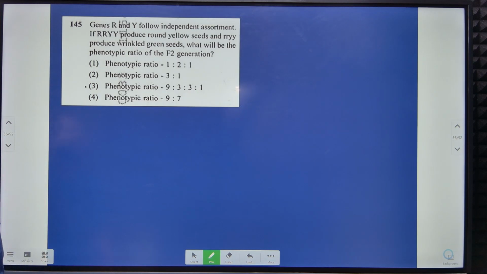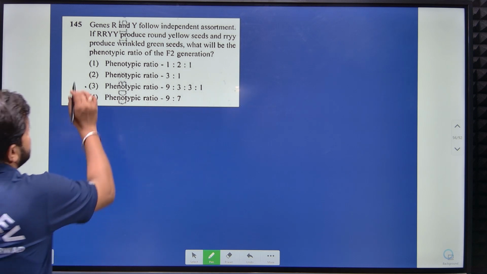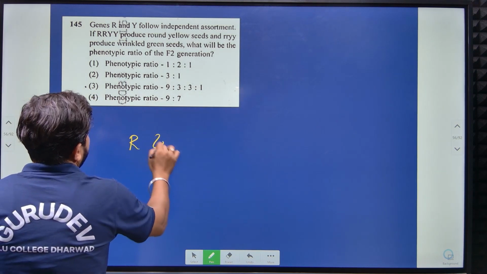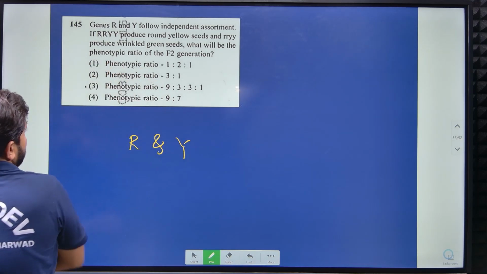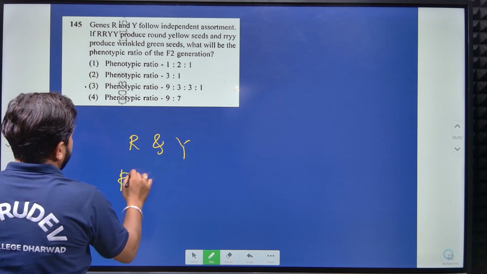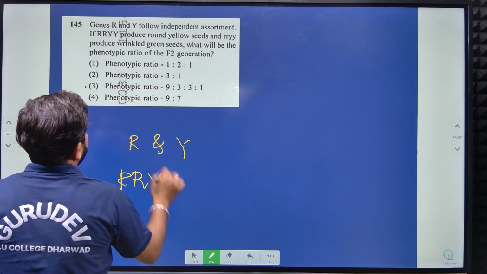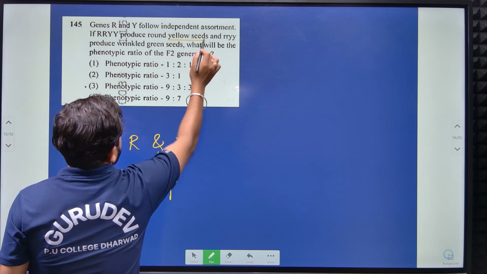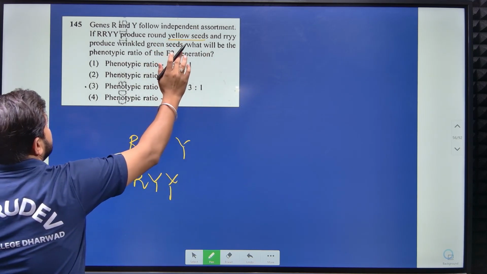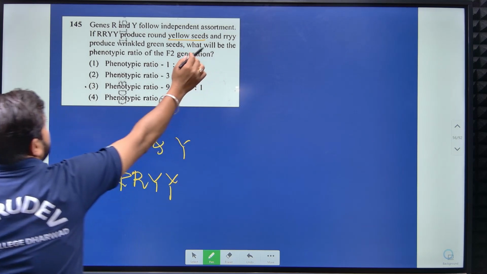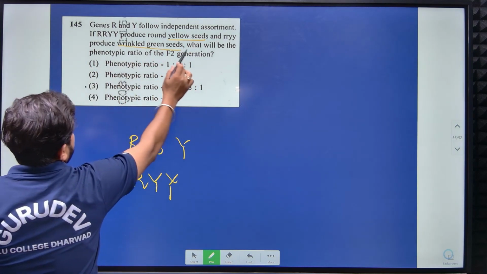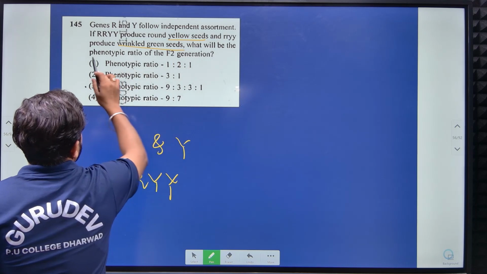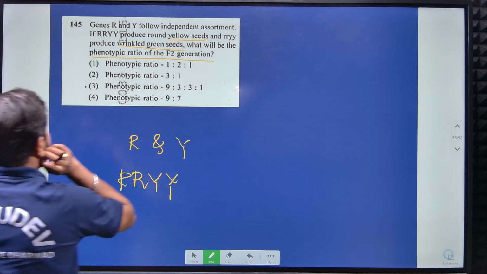Right, then moving on to the next, in the R and Y genes, R and Y follow independent assortment. If capital R, capital R, capital Y produced round yellow seeds, and small r produced wrinkled green seeds, what will be the phenotypic ratio of the F2 generation?